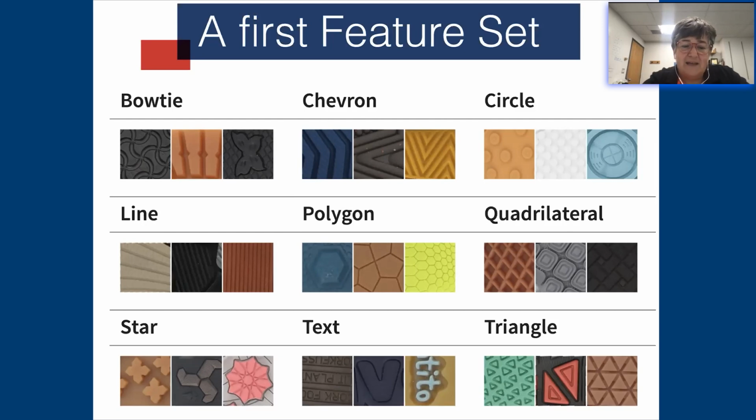Lots of shoes have lines, stars, and we've got polygons, and then depending on the number of edges, triangles, quadrilaterals, and polygons. Anything that has more than 4 edges goes into the polygon category. And then there's so much text on shoes, so there's a category just for text.